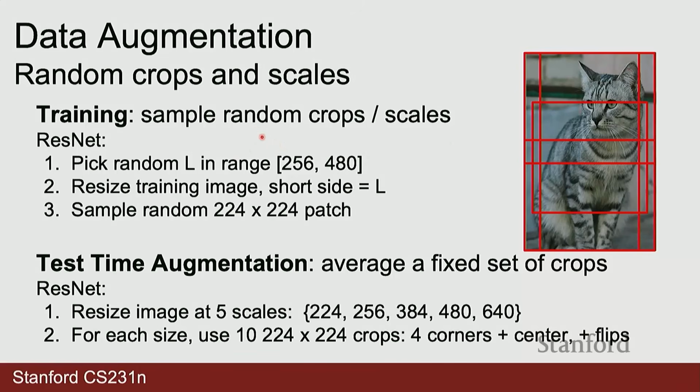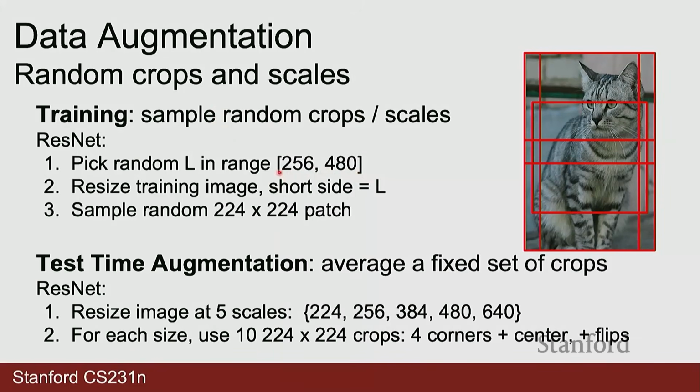The most common strategy is you pick the length of what is basically the short side of your image. So if you have an input image size to your model of 224 by 224 pixels, you would pick a value larger than this first and find some crop of your image that contains this larger scale L.